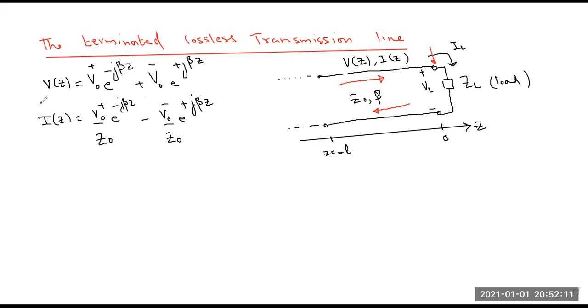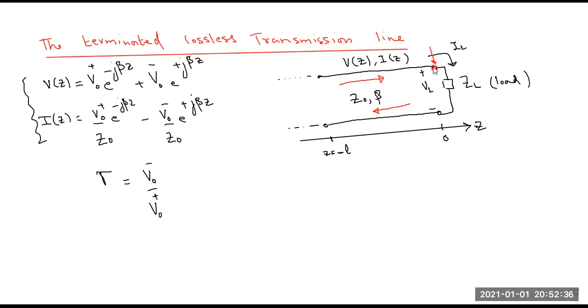And then we also represented these two equations in terms of a parameter that we defined as reflection coefficient, represented by this symbol gamma, and we define it as V naught minus by V naught plus, which is the reflection coefficient at the load position.